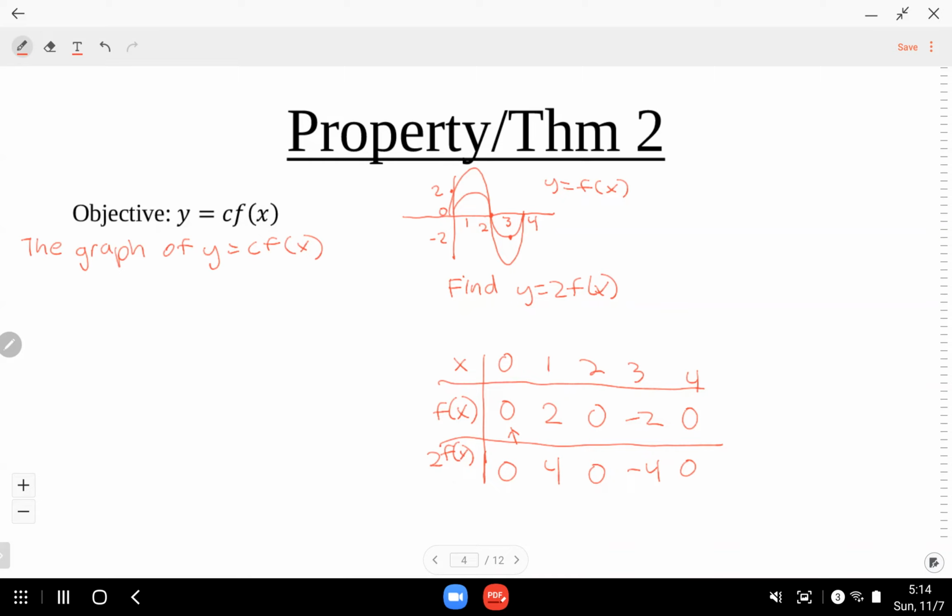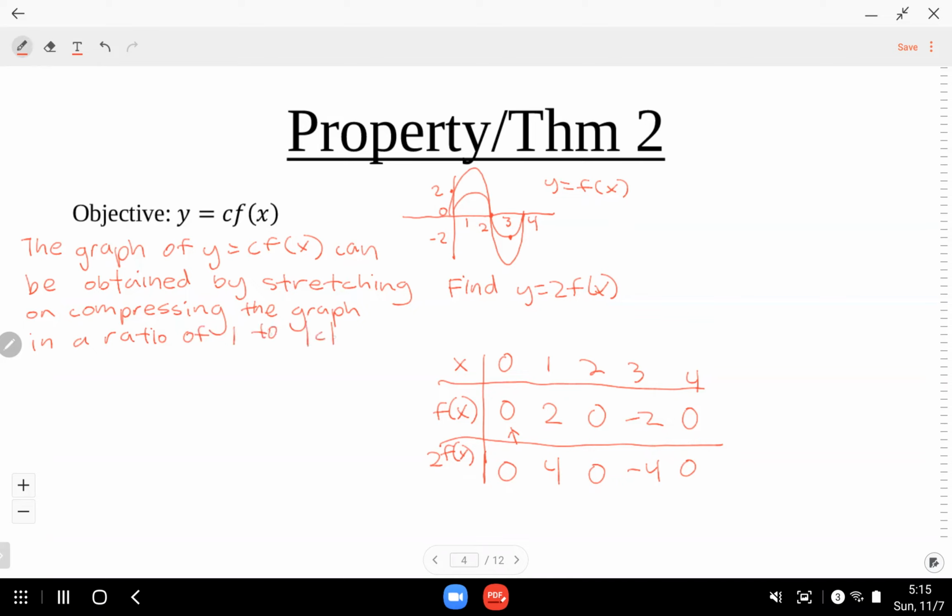The graph of y equals c f of x can be obtained by stretching or compressing the graph in a ratio of 1 to the absolute value of c vertically.